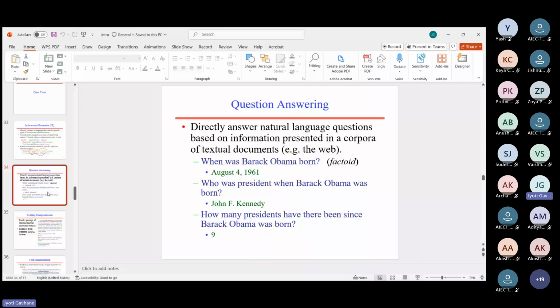Now, who was the president when Barack Obama was born? The next question is specific, provided you know Barack Obama as the president.